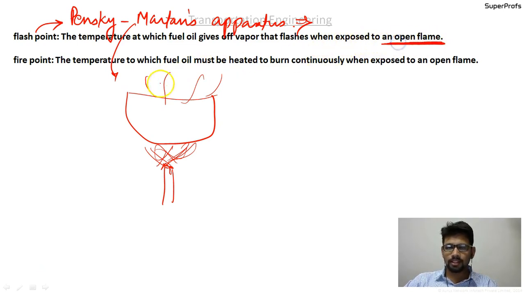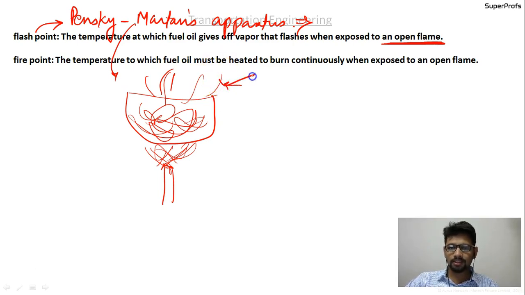Okay, so this is the fuel, in our case it is the bitumen, and we heat it and then slightly expose it to the open flame. If these vapors flash, then that temperature is called the flash point. Okay. Secondly, fire point is the temperature to which fuel must be heated to burn continuously when exposed to an open flame.